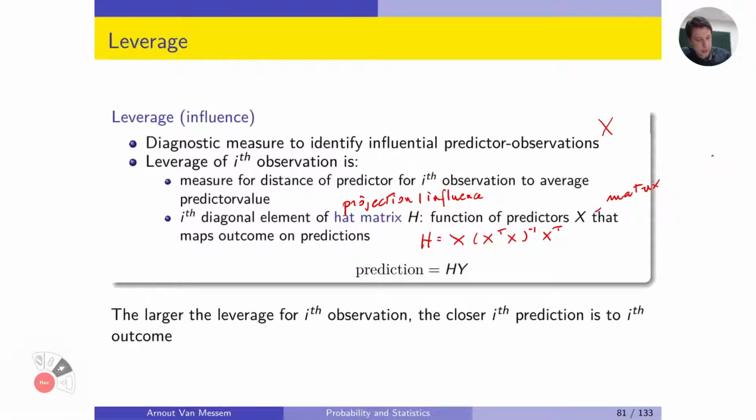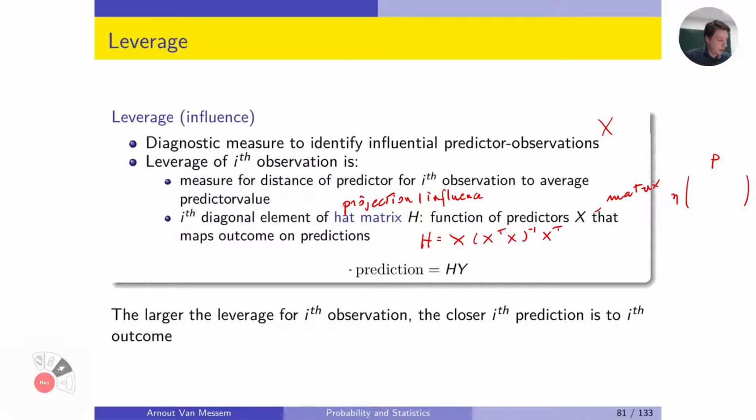which has p columns and n rows. So it has one column for each of the predictor values. It has one row for each of the observations. Details are not too important, just a little background. So what H does, basically it maps the outcomes onto the predictions.